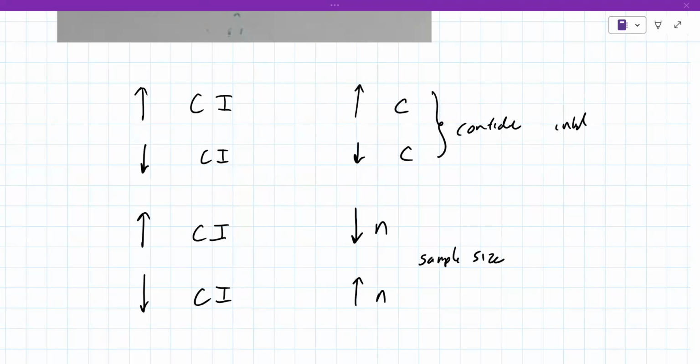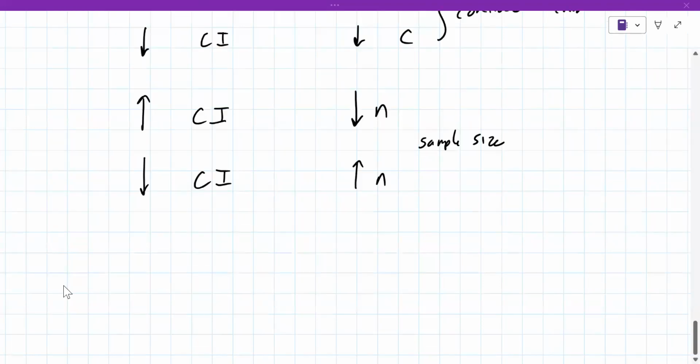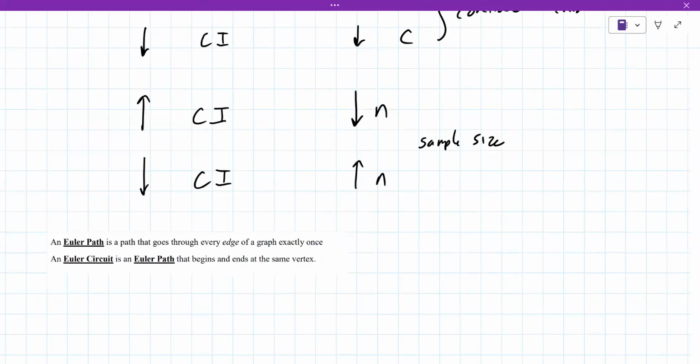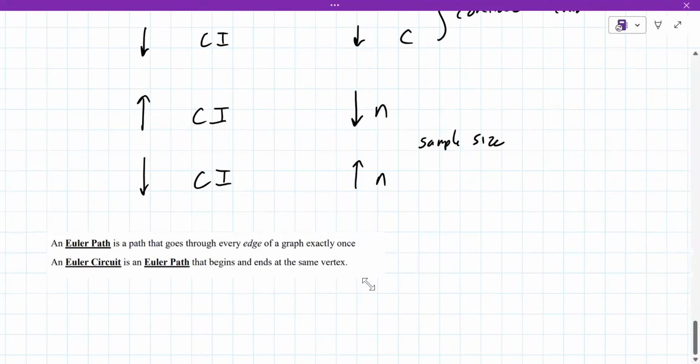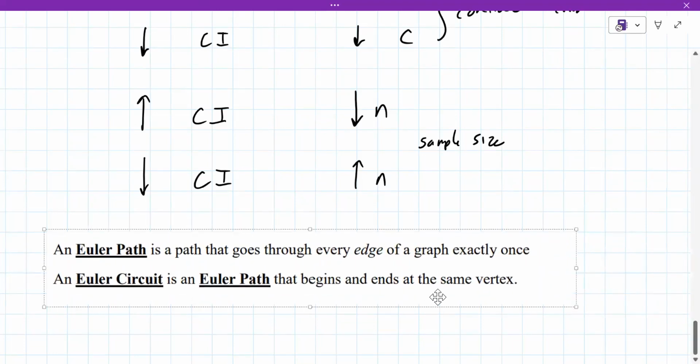Here is the main overarching idea. An Euler path is a path that goes through every edge of a graph exactly once. The circuit is the same thing, but it has to begin and end at the same vertex.